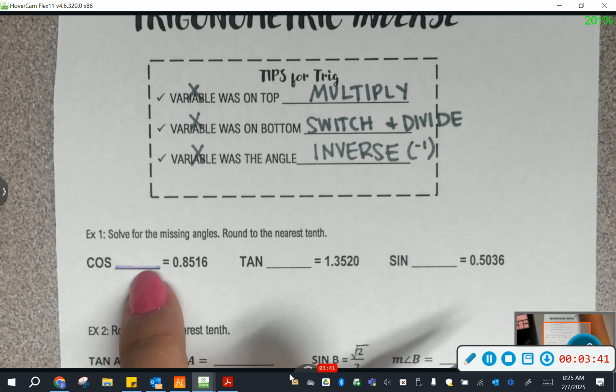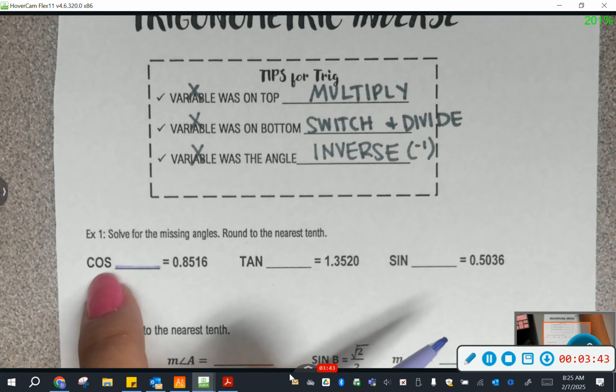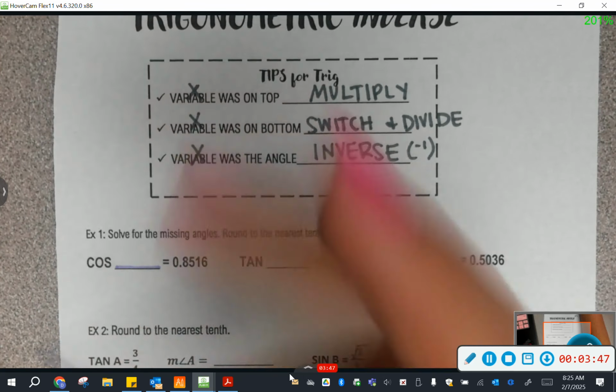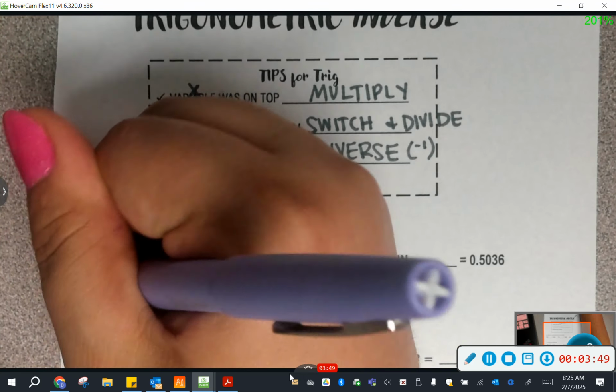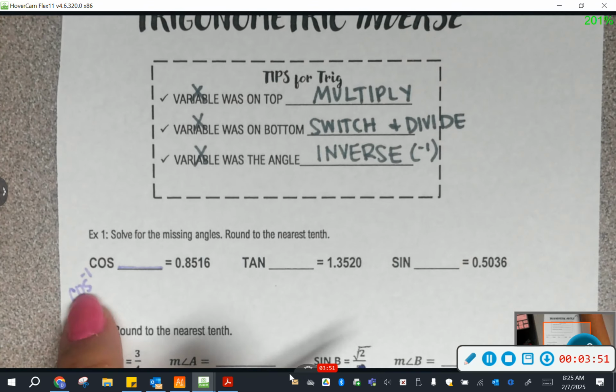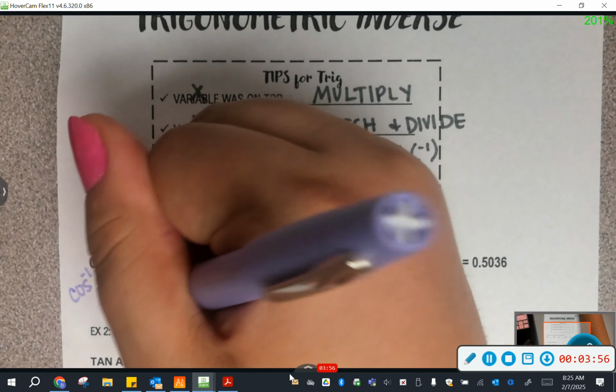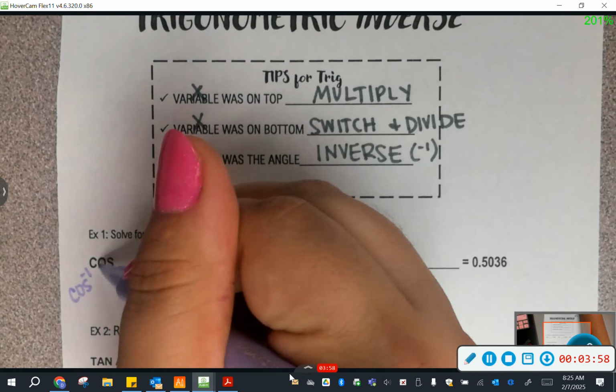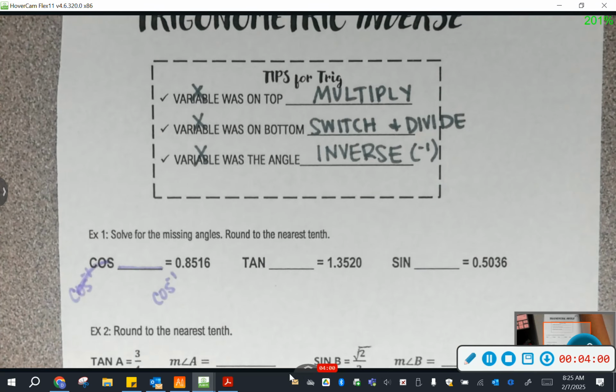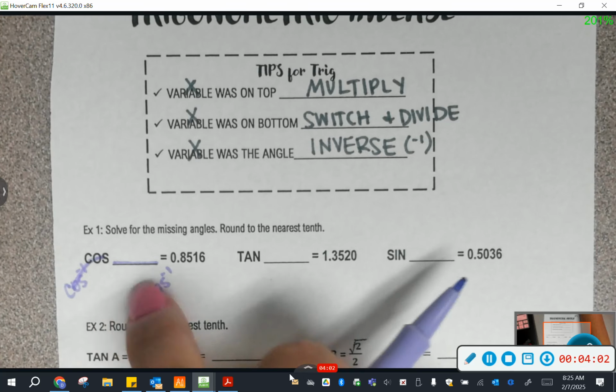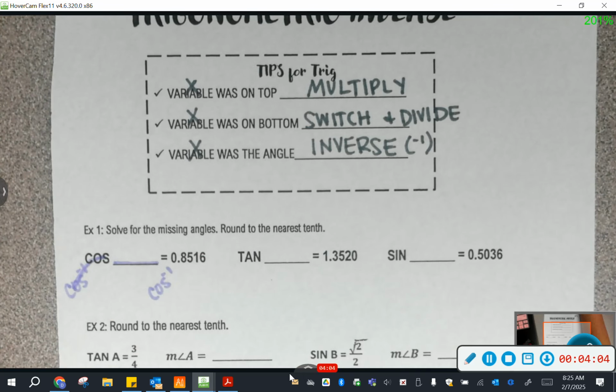How can I get this blank by itself? I have to get rid of cosine. How do I get rid of cosine? Inverse. I'm going to do cosine inverse. Can everybody write that down right there? And what you do to one side, you do to the other. And those cancel each other out. And my answer, my blank, is just going to be that in the calculator.